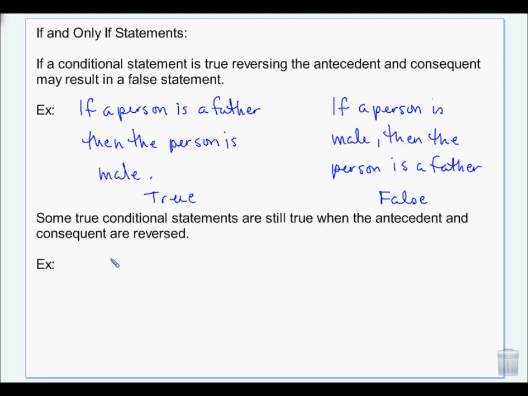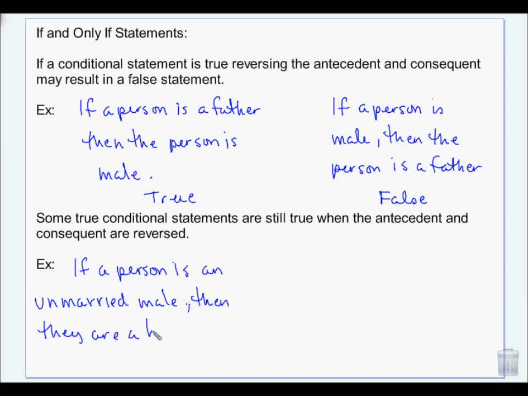Sometimes though, if you flip them, if a person is an unmarried male, then they are a bachelor. Okay, that's true, right? If you're not married, you're a bachelor.